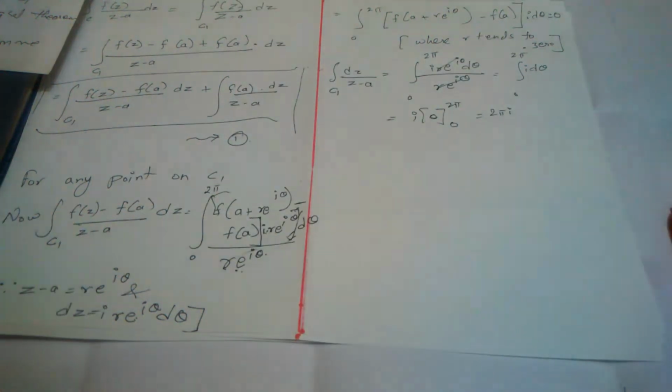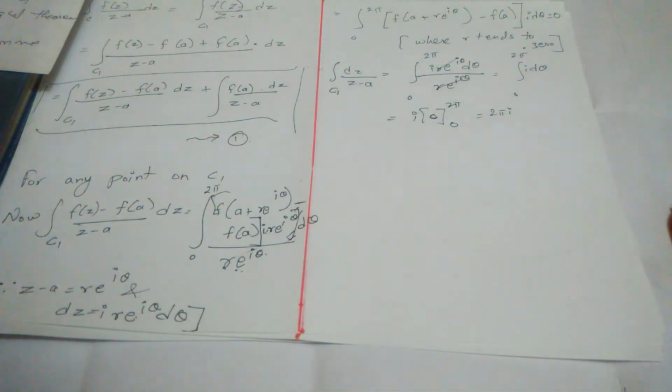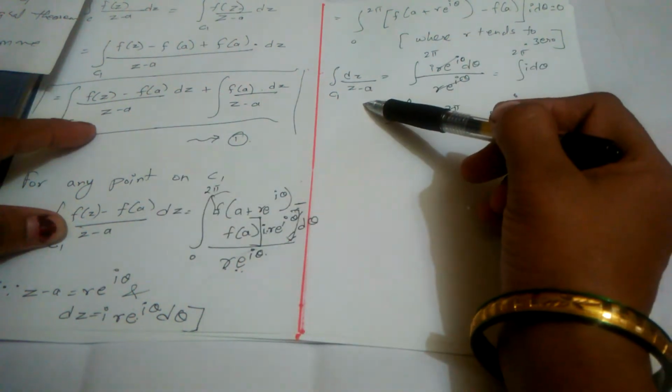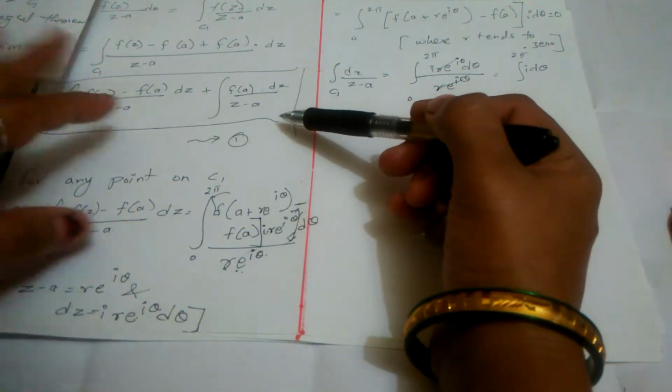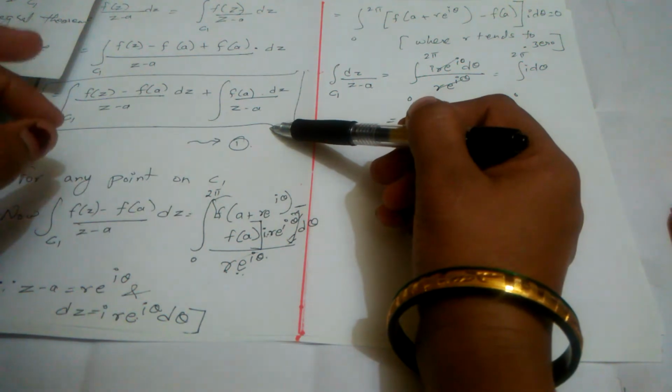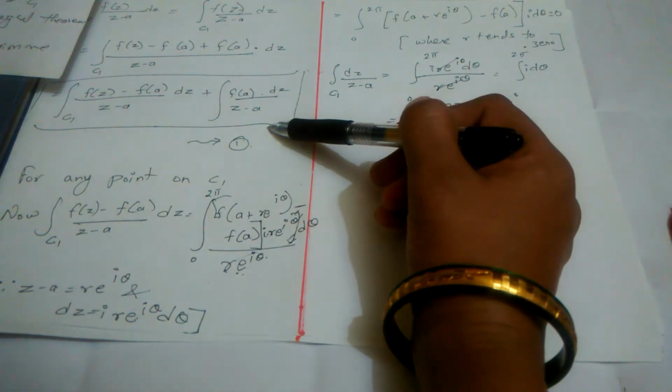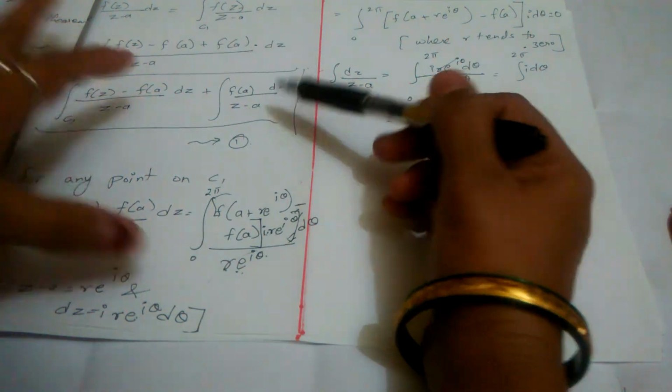Okay, so from equation number 1 you can see that we have solved the first part, we have solved the second part. So now putting the values of the first part, then the second part in equation number 1, we'll get our solution to Cauchy's integral formula.